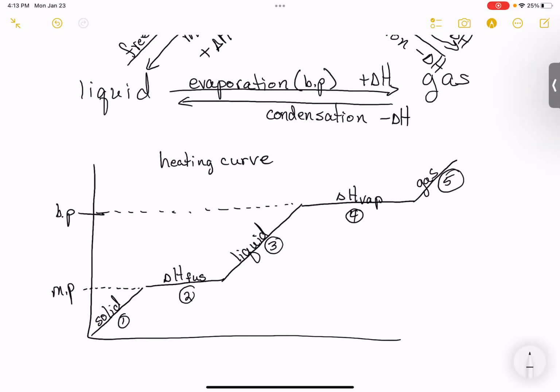That's Q equals mcΔT. We'll just have to talk about the delta H of fusion and delta H of vaporization, and then combine them all. Fusion, its symbol is FUS.